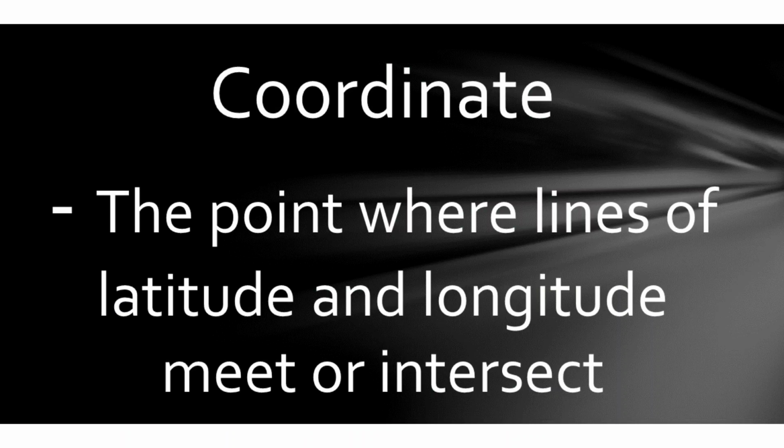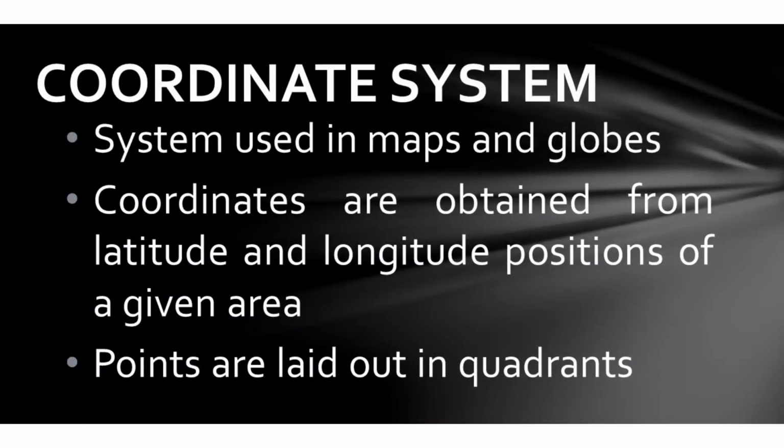The point where lines of latitude and longitude meet or intersect is called a coordinate. The coordinate system is used in maps and globes. The coordinates are obtained from the latitude and longitude positions of a given area. Points are laid out in quadrants.